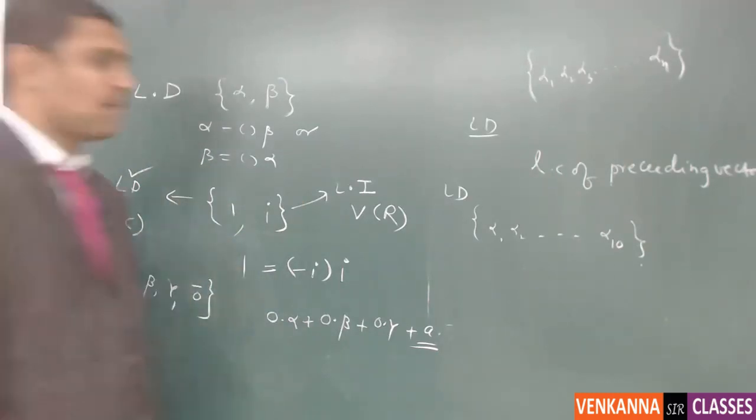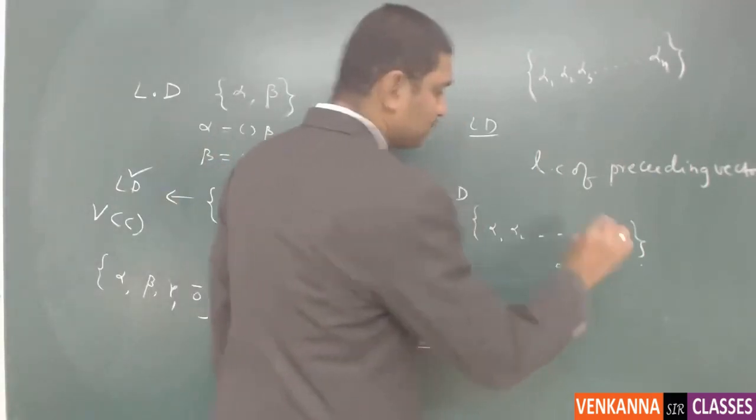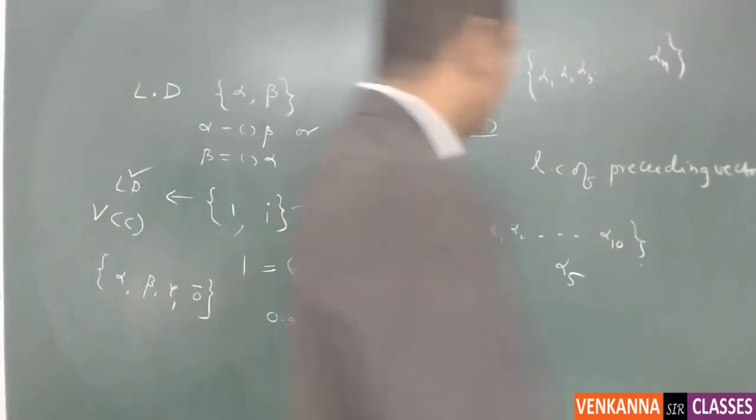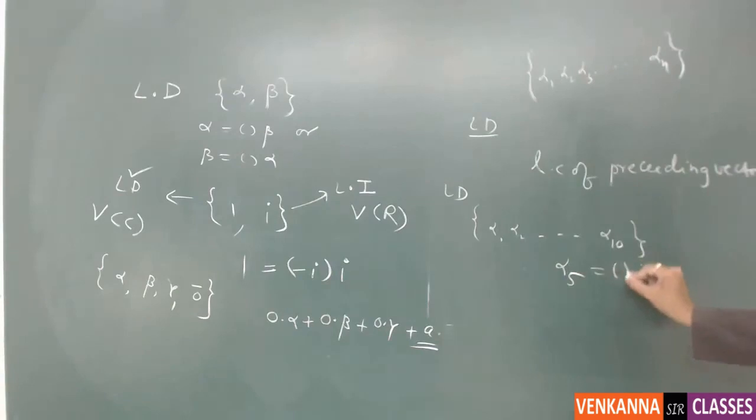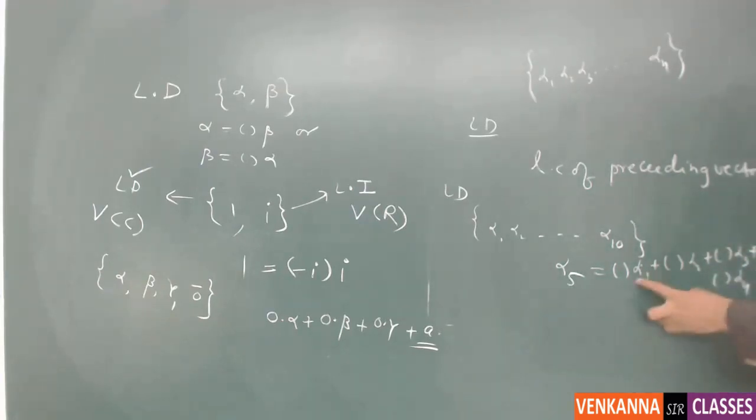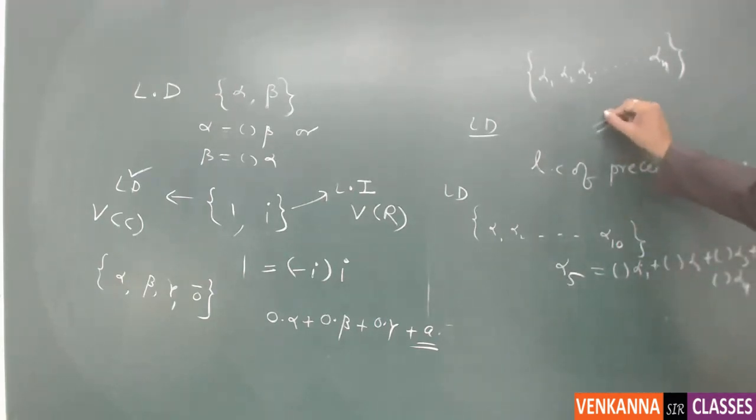Let me say it is alpha 5. It means that you can write alpha 5 as some number into alpha 1 plus some number into alpha 2 plus some number into alpha 3 plus some number into alpha 4. So alpha 1, alpha 2, alpha 3, alpha 4 are the preceding vectors, and you can write alpha 5 as a linear combination of them. So it is an if and only if condition, you can say.